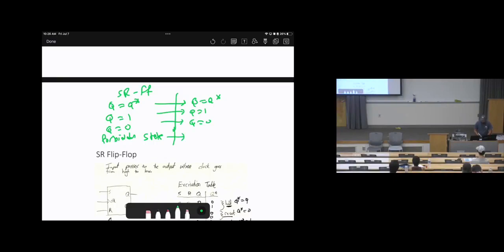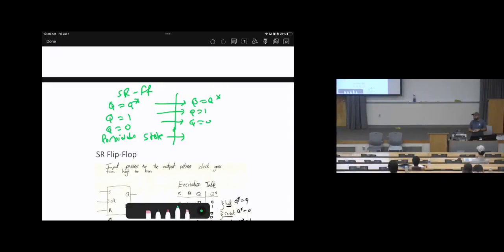So what's the possible solution to remove the forbidden states? We need to be in the same sequence. We don't want to make it 0 because we already have the state of 0. We don't want to make it 1 because we already have the state of 1. So we have Q equal Q. Is there any fourth option that I can add to remove the forbidden states? What do you think this option will be?